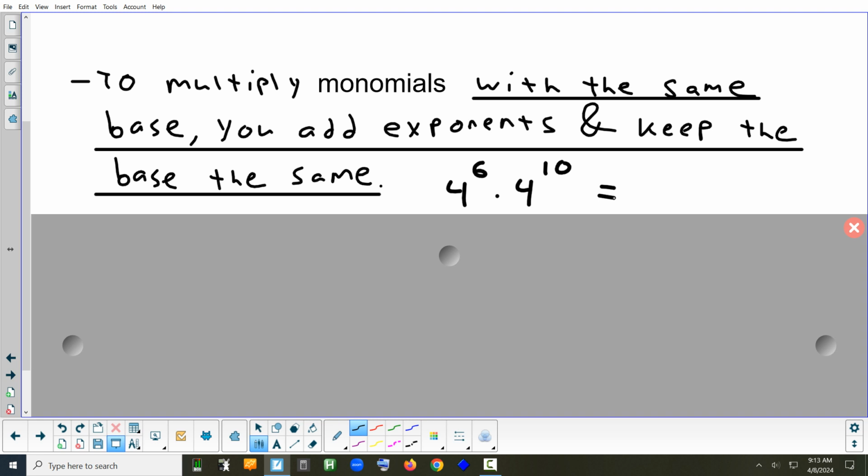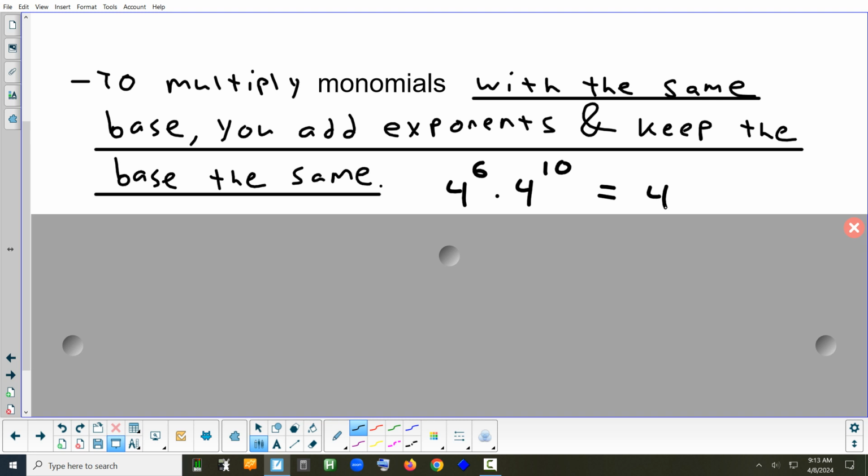What does the rule say to do to the base? Keep it the same. What's the base in that problem? 4. So we're going to keep the base the same. What does the rule say to do with the exponents? Add them. What are the two numbers we're going to add together? 6 and 10.